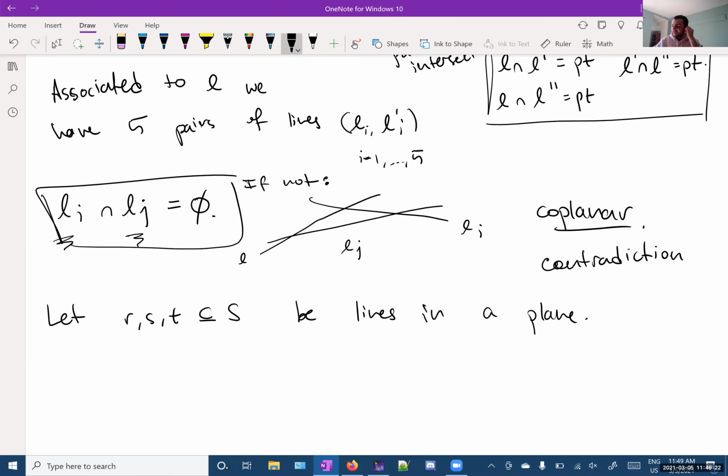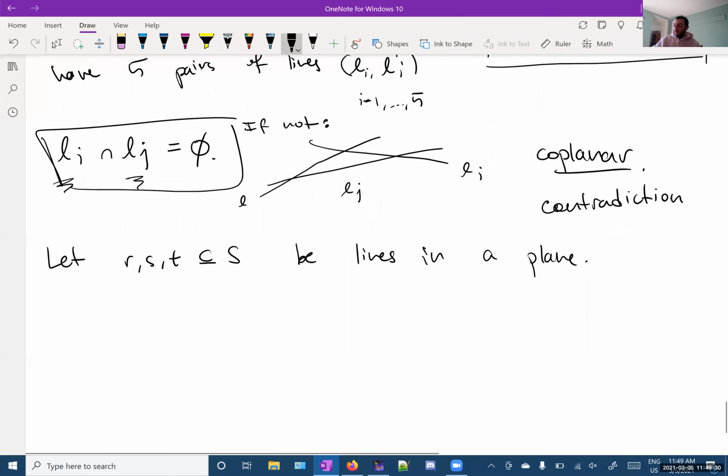We've supposed we have a line, and so I can take one of these planes and I'll just say R, S, and T are L, L1, and L1 prime. Okay, then we can form our pairs for each of these lines now. We can form the Ri and the Ri primes, the Si and the Si primes, and the Ti and the Ti primes.